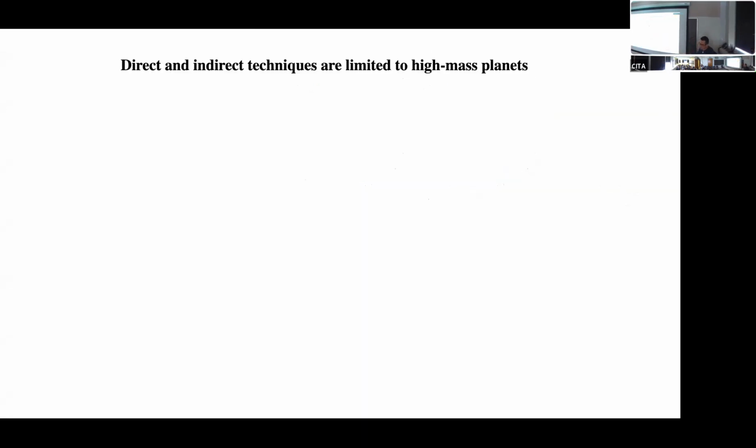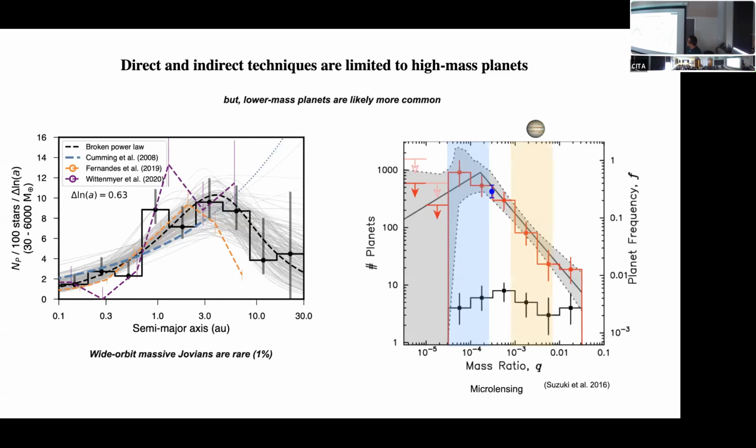But direct and possibly also indirect techniques depend on the mass of the planets, right? How big the perturbations are, or how bright they might be shining to be detected in direct imaging campaigns. But lower mass planets are actually way more common. For instance, if you take this from radial velocity surveys, this is a paper from Fernandes, I think.